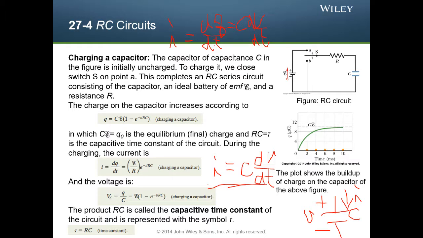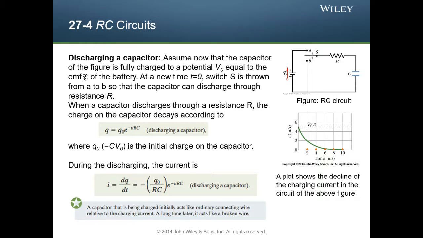Which means you will have minus j here. Any questions?